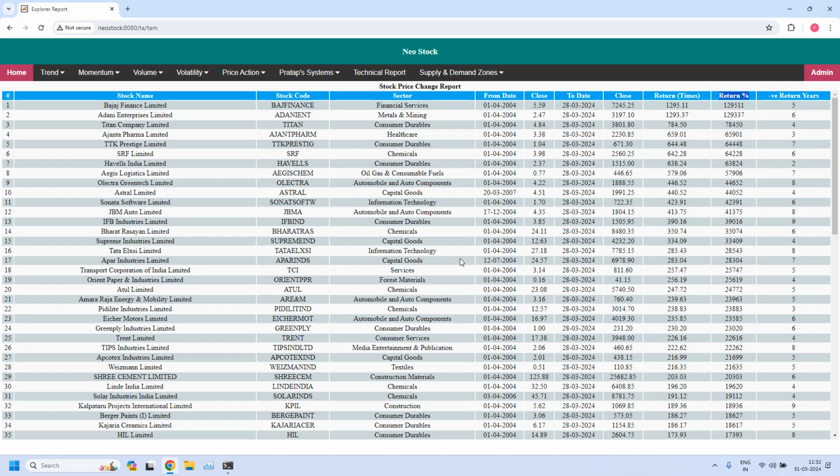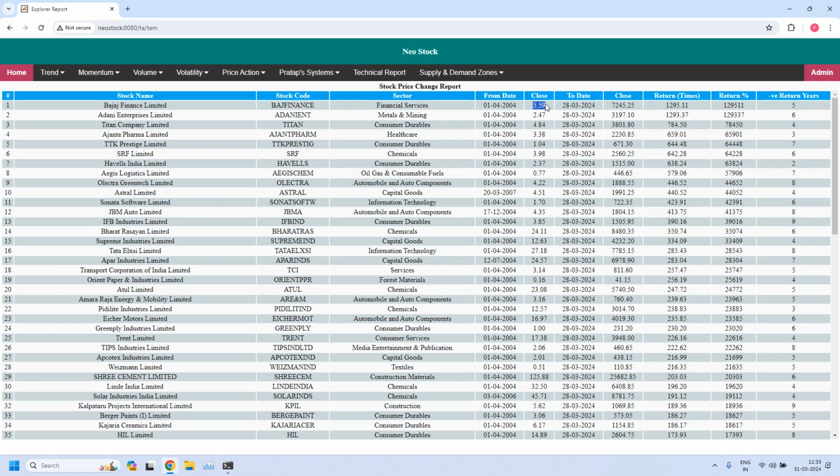Corporate actions like dividend, split, bonus, and other corporate actions. All are implemented and adjusted the data. Because otherwise somebody might be claiming, we get even more profit because so and so company gave you so many times bonus. So that's why I'm telling you, everything is taken care in this report.